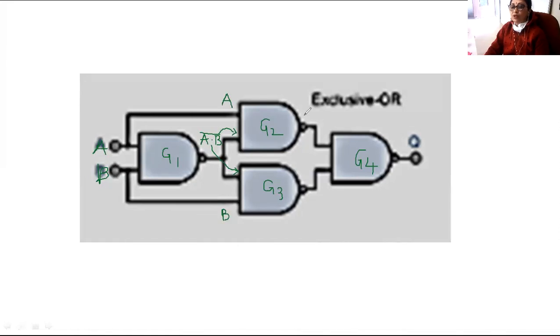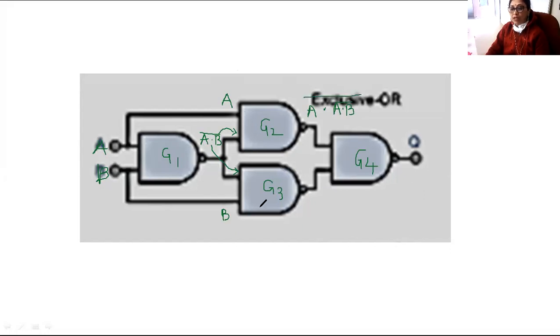Now let us see what is the output of G2. Output of G2 will be this quantity multiplied by this quantity and whole bar. Okay, that means it will become A dot B bar and whole bar.